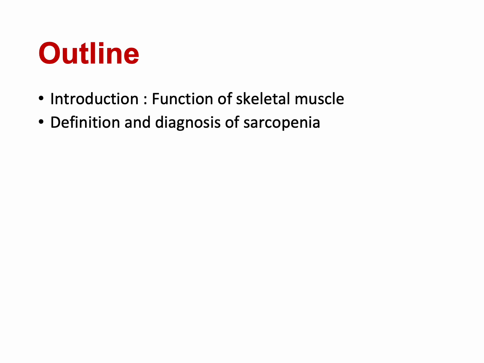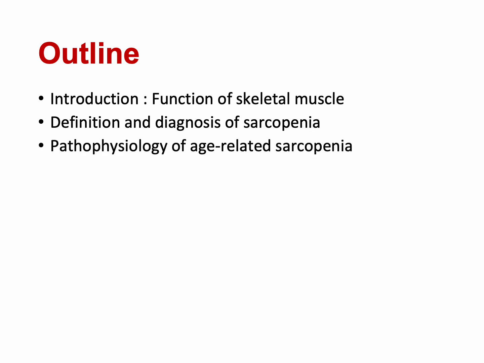So let me just give you the outline of the presentation. First, the introduction. Here we will discuss the role of muscle in terms of its mobility as well as metabolism, especially glucose metabolism. And then what's the definition and how do we diagnose sarcopenia?